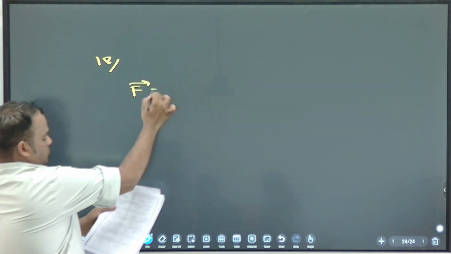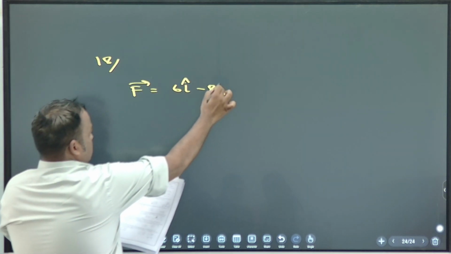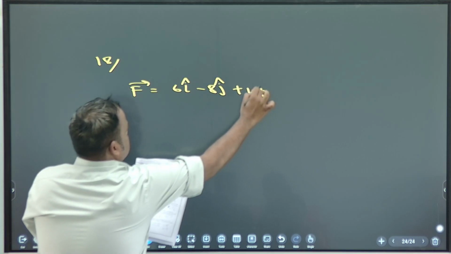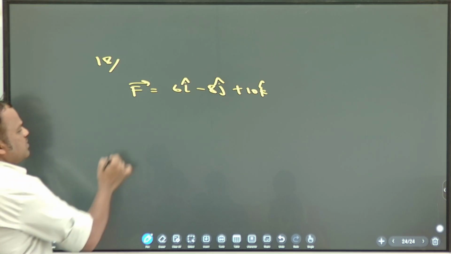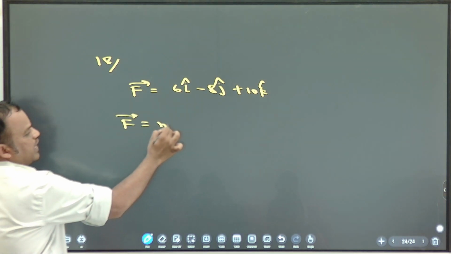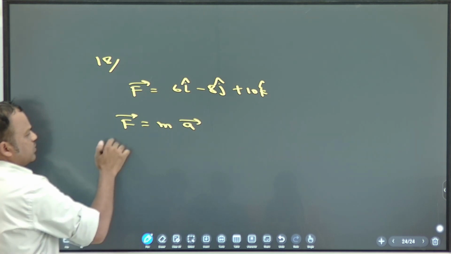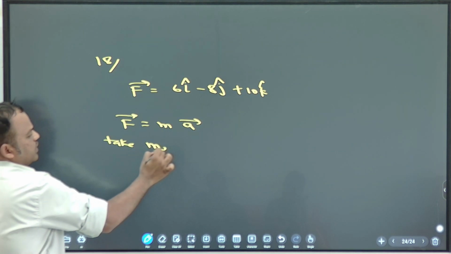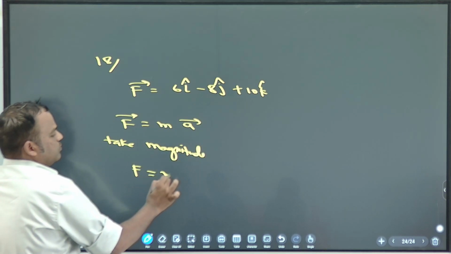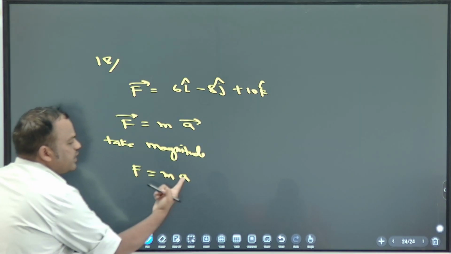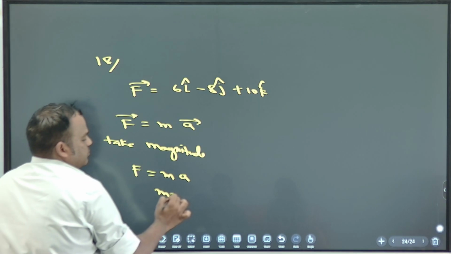Note down. Force vector problem. Force is given as 6i minus 8j plus 10k. Acceleration is given as 1. So what is the mass? Use this formula: F vector is equal to m into a vector. Taking magnitudes, F is equal to ma. So what is m?